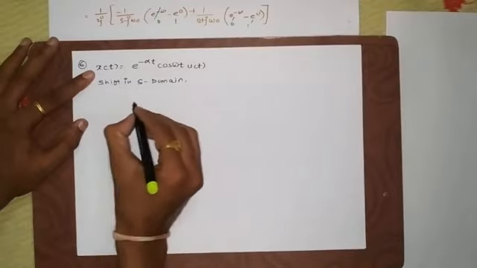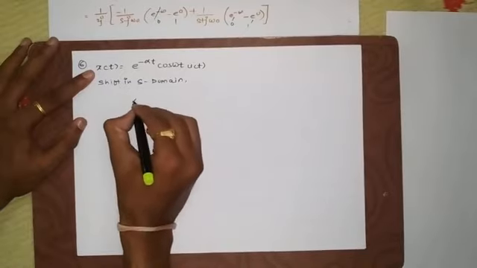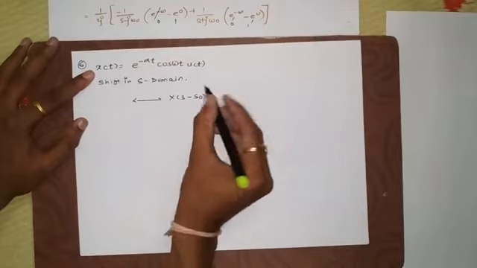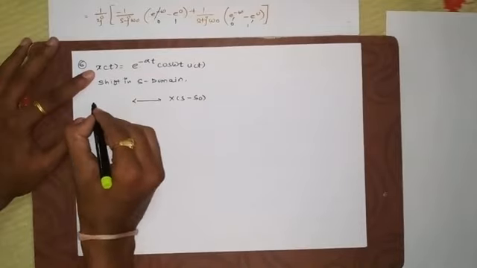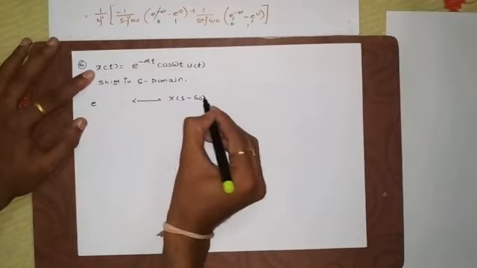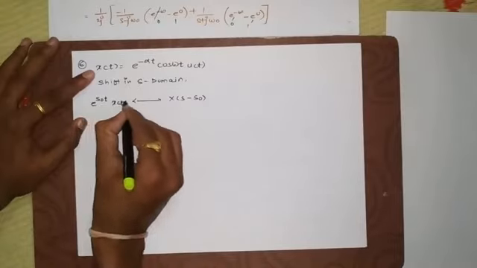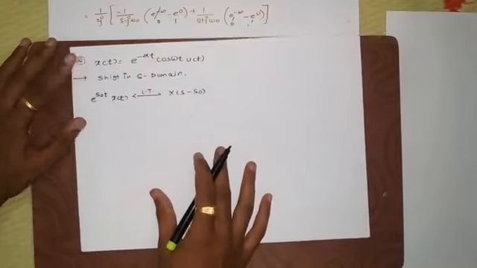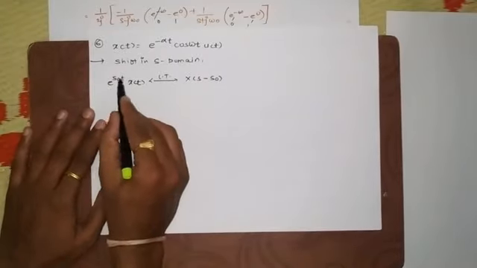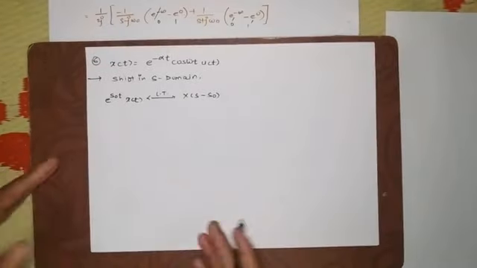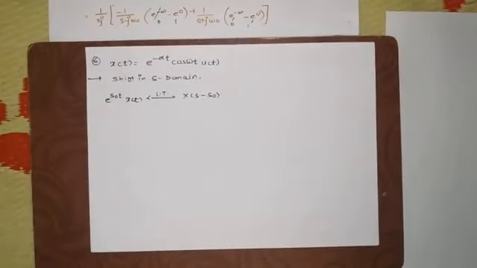The statement is, if I shift in s domain, that is s minus s naught, that results with the same term as e raised to s naught t into x of t. That means Laplace of x of t with exponential becomes x of s minus s naught, that is shift in s domain property. It is a counterpart of time shifting property.